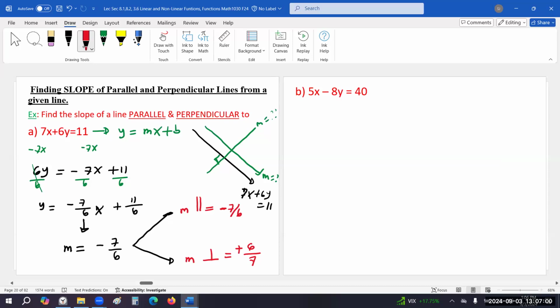Find the slope of its parallel line and slope of its perpendicular line. You can talk to your neighbor to share ideas.